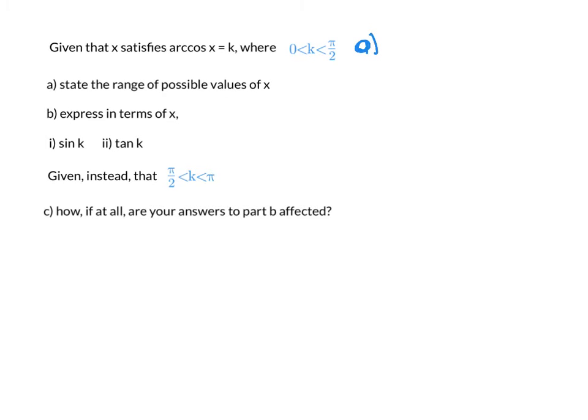So what is arc cos? Well, arc cos really is an angle. It's the angle, and let's call it alpha for now, in the range between 0 and pi.